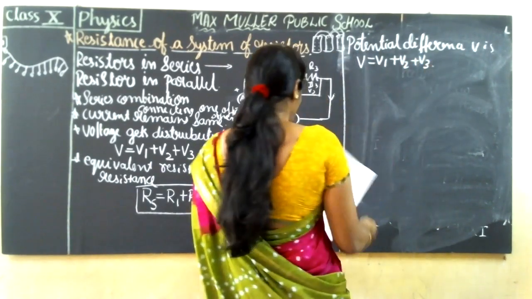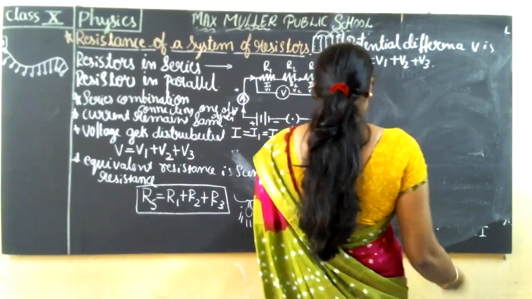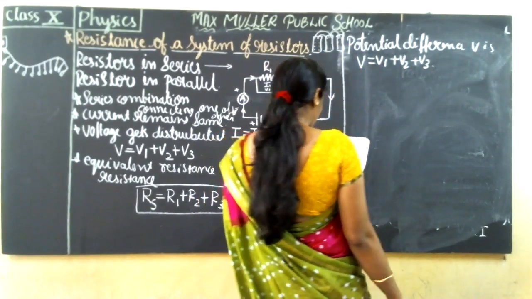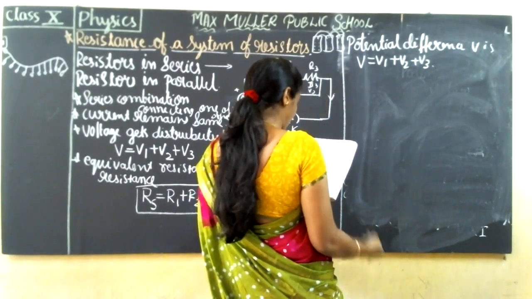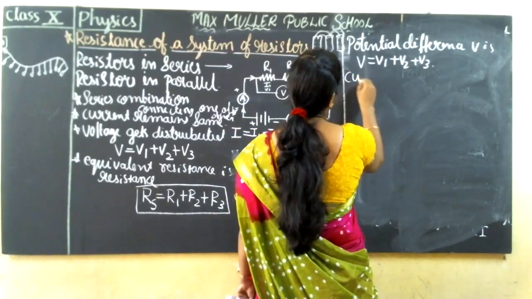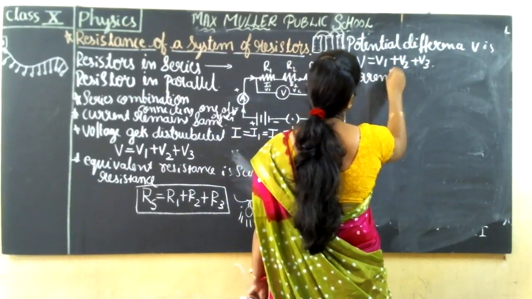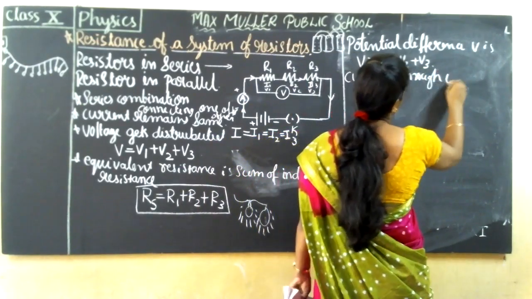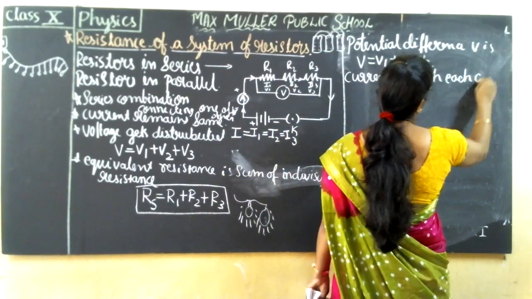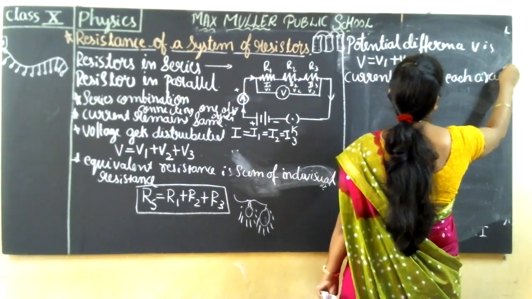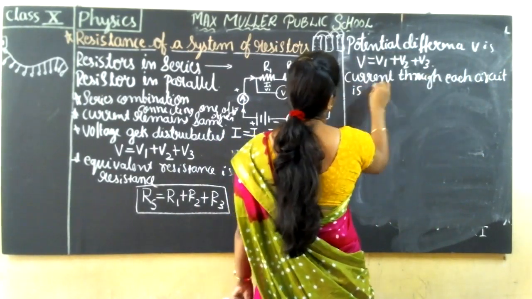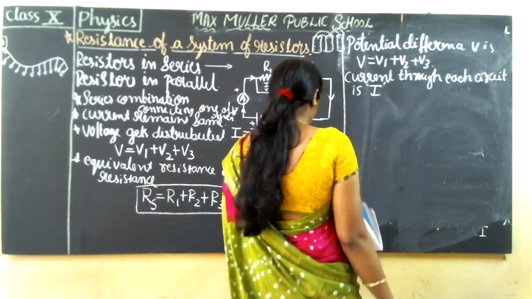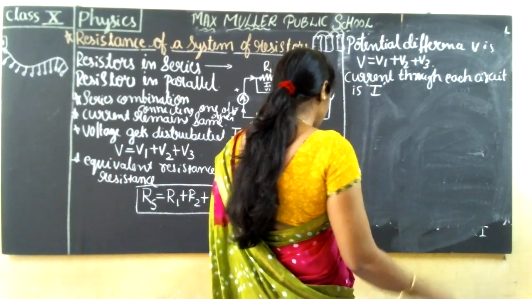So here the current through each resistor is I. Current through each circuit is I.